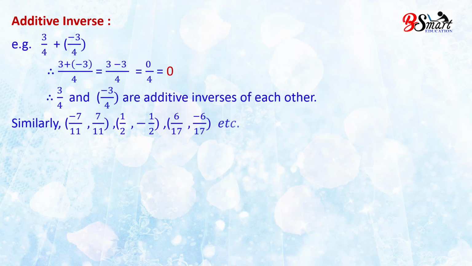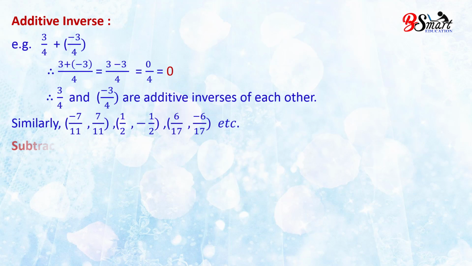Similarly, minus 7 by 11 and positive 7 by 11, positive 1 by 2 and minus 1 by 2, 6 by 17 and negative 6 by 17, etc. are additive inverse of each other.